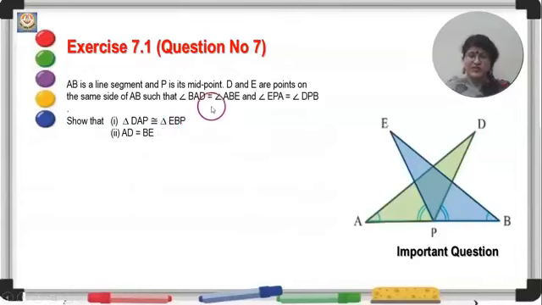Also, they have mentioned that angle BAD, that is this angle, is congruent to angle ABE, that is this angle. Also, these two angles are congruent. And this is what you need to prove. There are two things you need to prove in this. That is, triangle DAP is congruent to triangle EBP and AD is equal to BE.